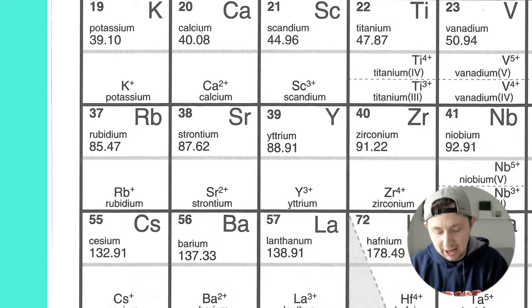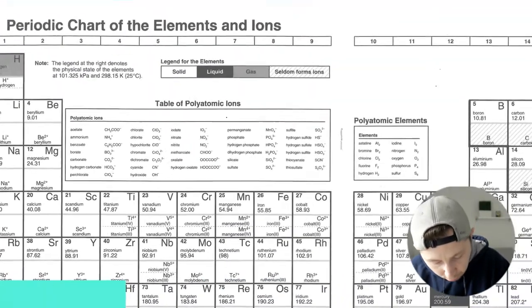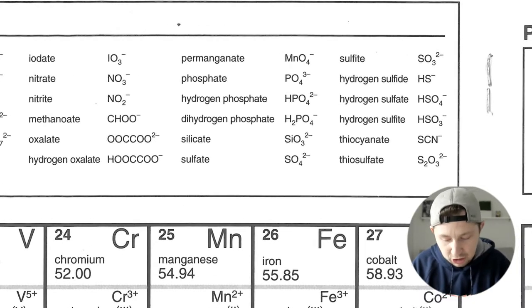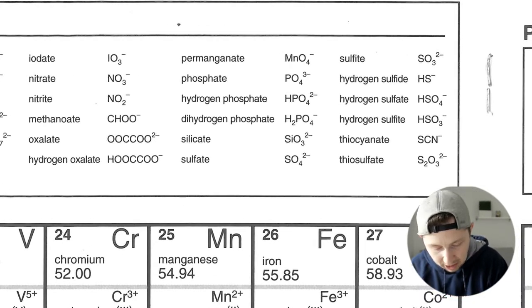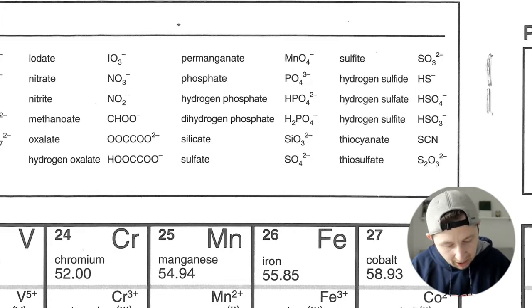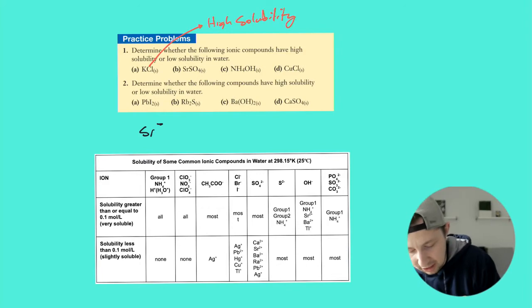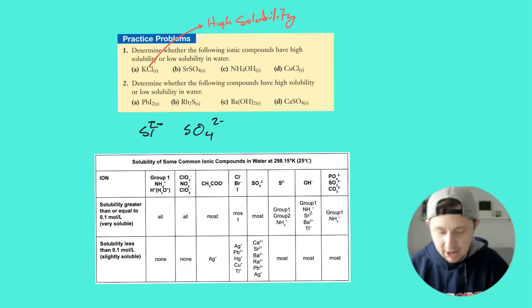Sr is a 2+ here, and we've got SO4, which is sulfate, so strontium sulfate, which is a 2-. That's this guy right here. So both of them carry a charge of 2. So we've got Sr 2+, and we've got SO4 2-.